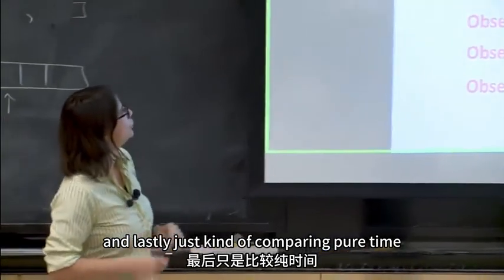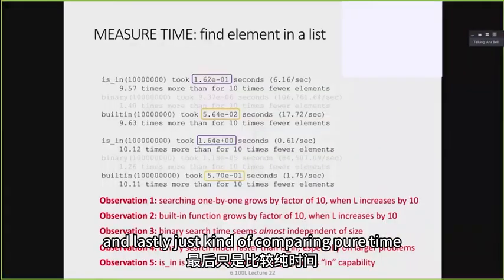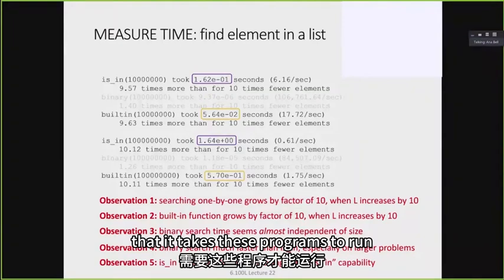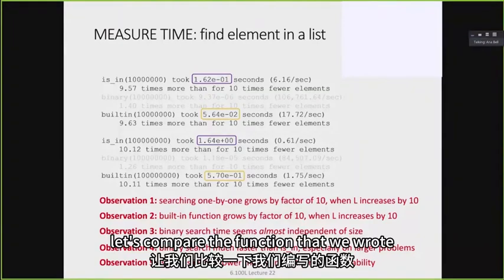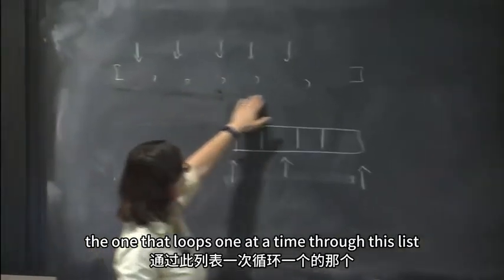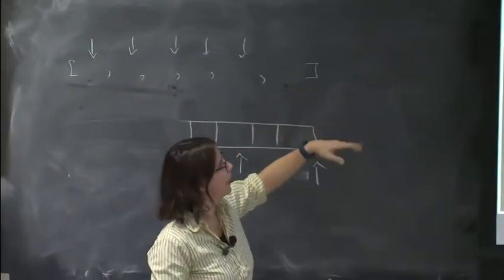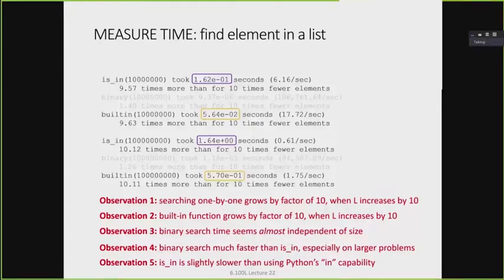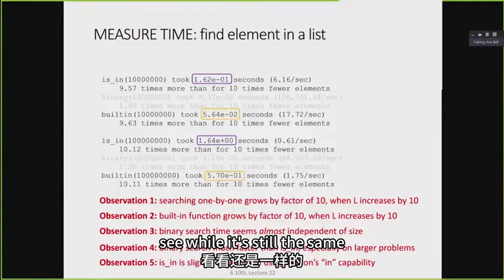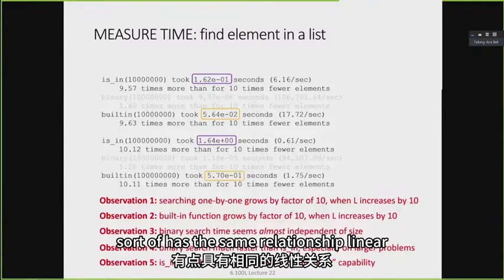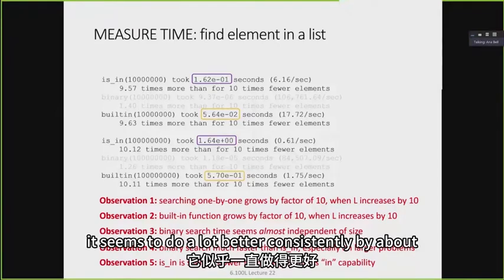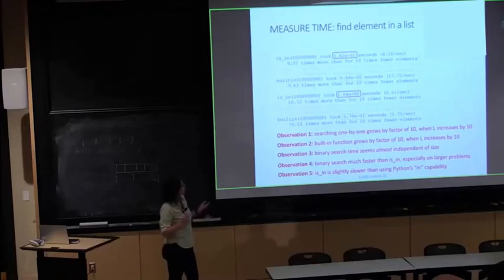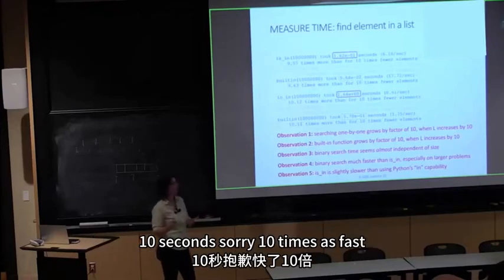And lastly, just comparing pure time that it takes these programs to run. Let's compare the function that we wrote, the one that loops one at a time through this list, and the built-in in function. The built-in in function, while it has the same linear relationship with the input size, seems to do a lot better consistently, by about 10 times as fast.